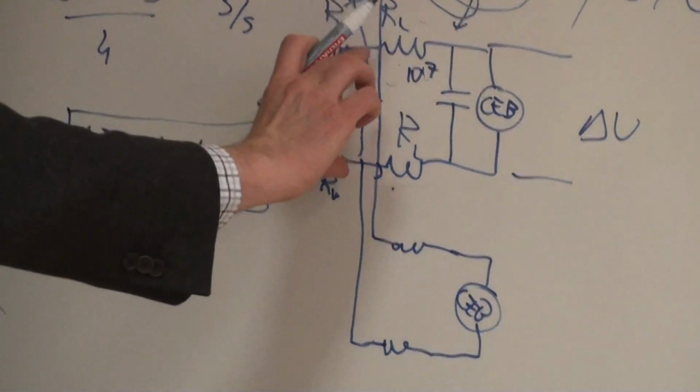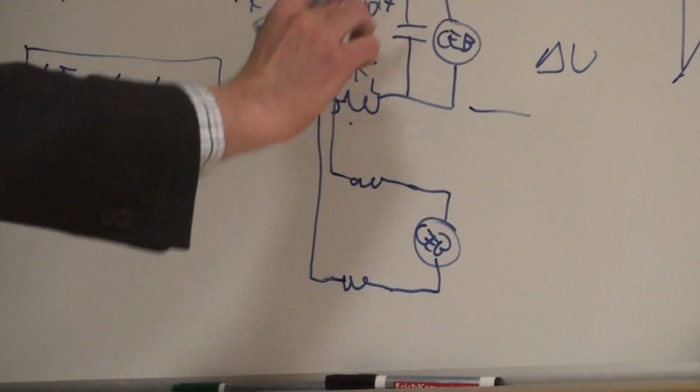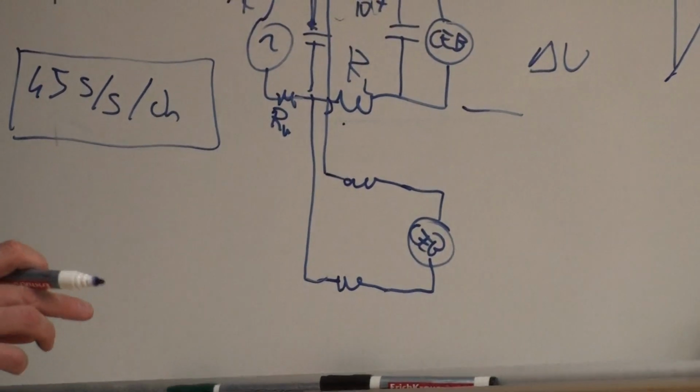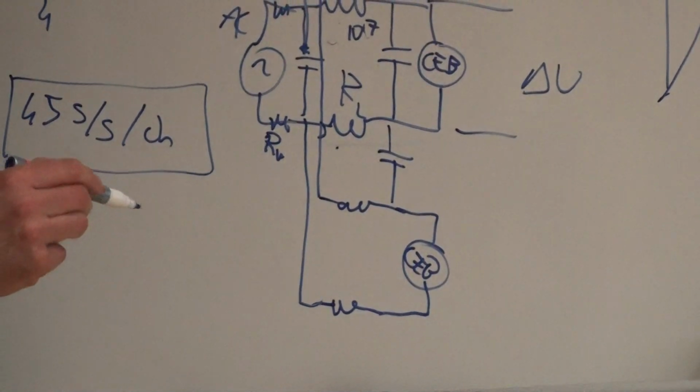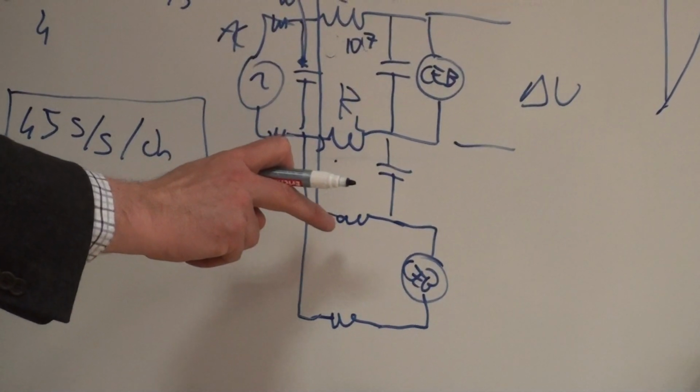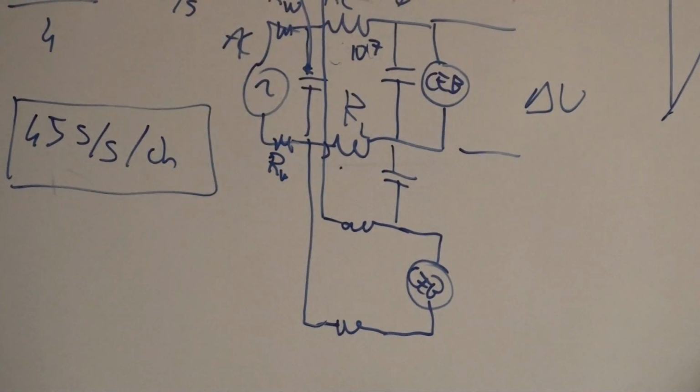You bias with the same voltage, and then you have these dividers. There will be some stray capacitance between the two channels.